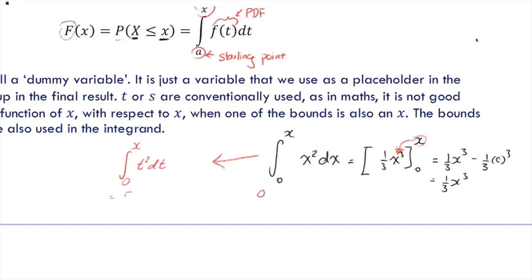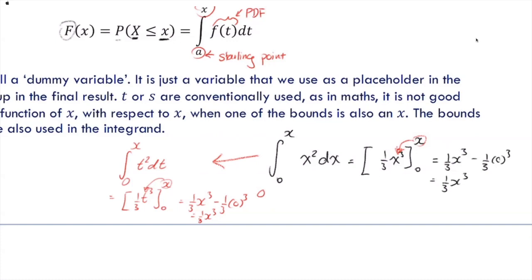When I integrate this, the integral of t squared with respect to t is 1/3 of t cubed from 0 to x. And now I'm subbing x into t, which is fine because I'm subbing a variable into another variable. So then it becomes 1/3 of x cubed minus 1/3 of 0 cubed, and it still ends up being 1/3 of x cubed. So you can see it doesn't actually come up in the final answer. It's just a way for me to make the notation a bit more correct.